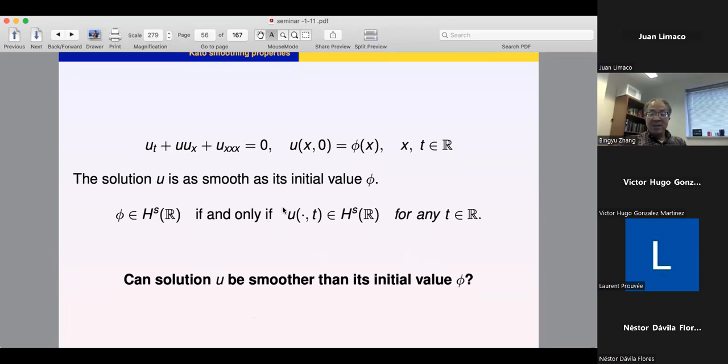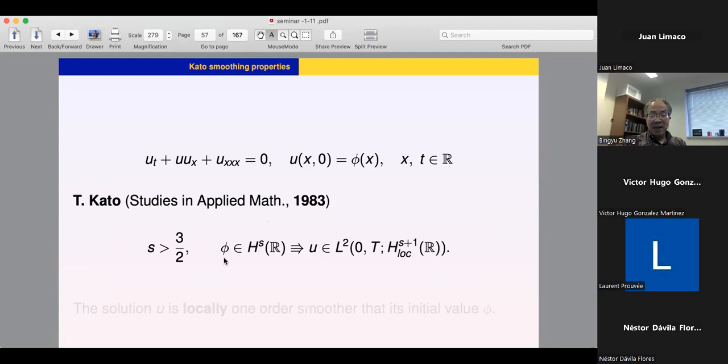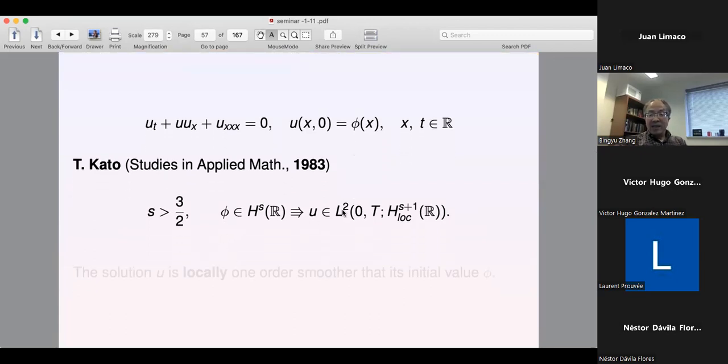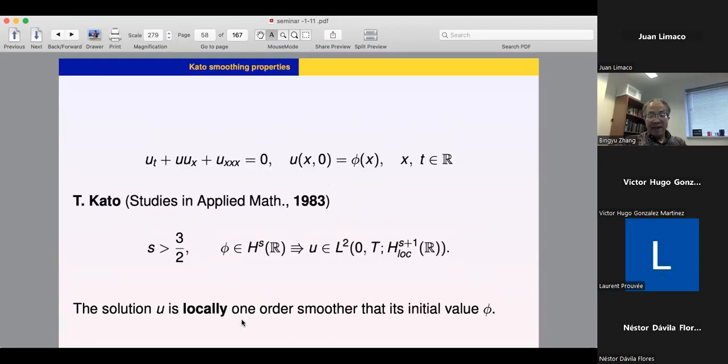However, quite surprisingly, Kato discovered that in fact the solution can be one order smoother than its initial value, but only locally, not globally. When you restrict the solution to a compact domain, its regularity is s+1, so one order smoother than its initial value.